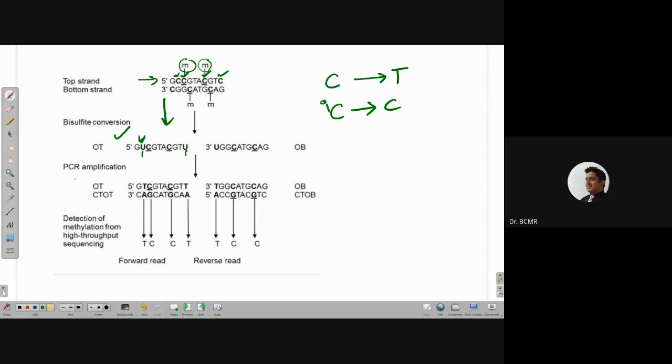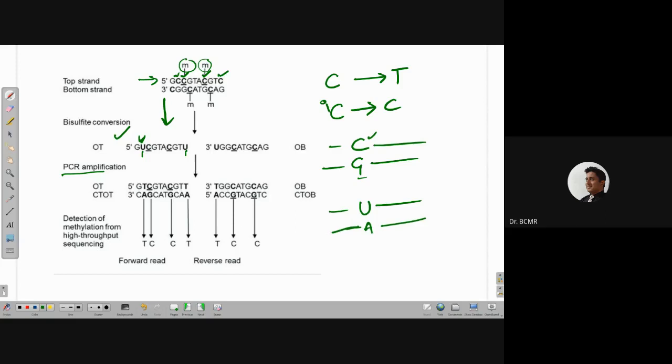Then when we do PCR amplification, if there was cytosine, it would have base paired with guanine, resulting in incorporation of guanine in the complementary strand. But if this cytosine has changed to uracil, it would result in the incorporation of adenine instead of guanine.